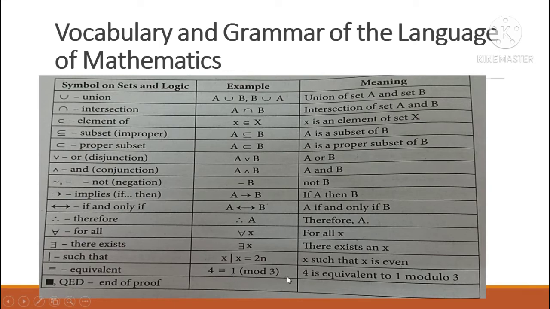And this is for QED, which means end of proof. So this is the vocabulary and grammar of the language of mathematics. In the next video, I will give you examples about these symbols of the language of mathematics, for this vocabulary and grammar. So, we'll just leave it there for now.